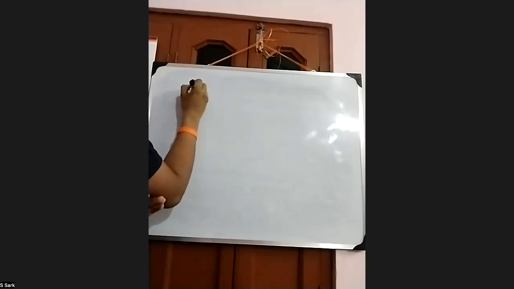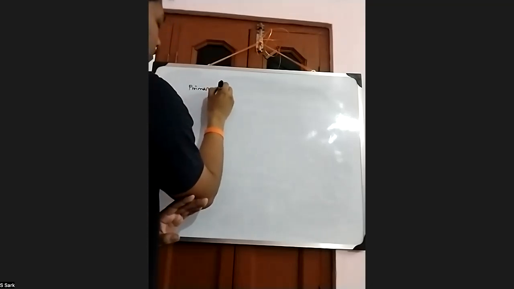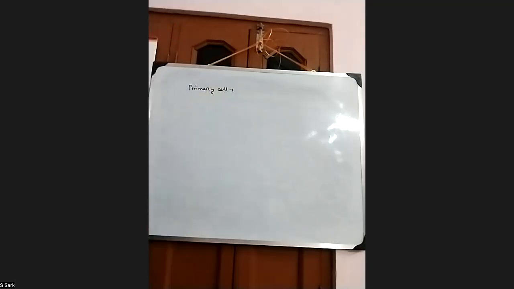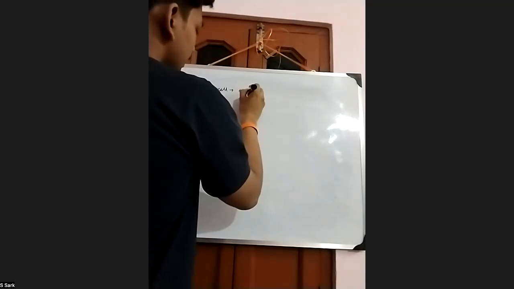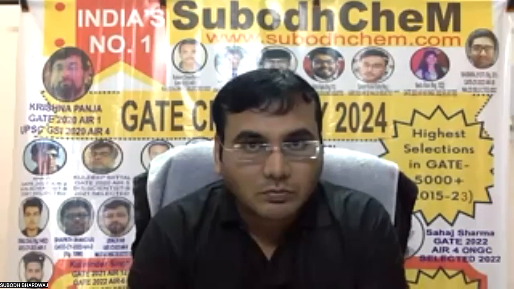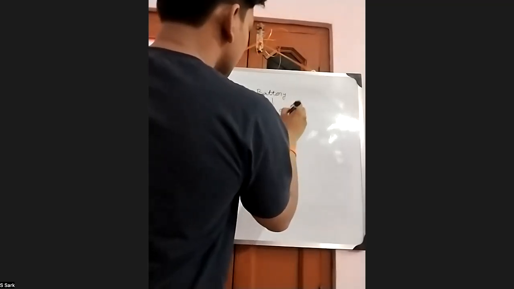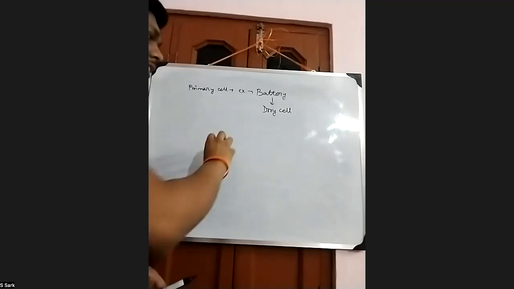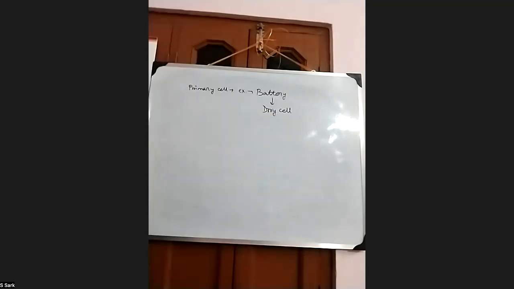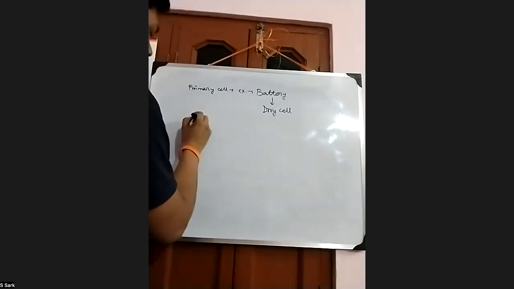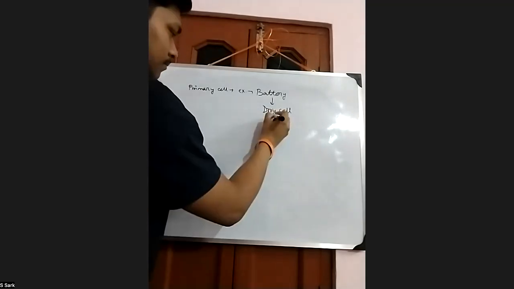Okay, sir. In case of a primary galvanic cell, we know an example is the battery, and batteries are called dry cells because no solution-based things are present in the battery, and the battery is quite dry itself, so this is why it is called a dry cell. And when we use a dry cell, it shows an irreversible reaction.